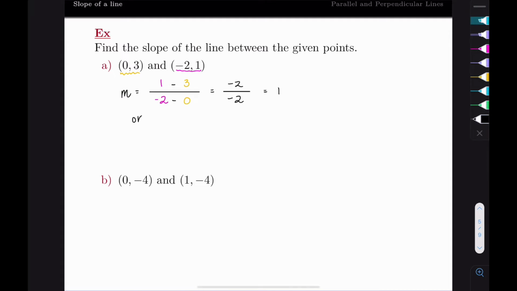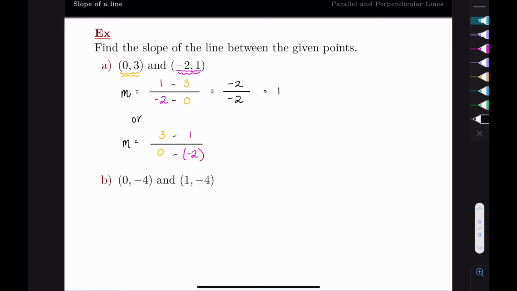Or we can do this the other way. We still make a fraction and we want to look at our change in y values, but let's put the other point first. So we're going to start with (0, 3). Y in the top, x in the bottom, and then our second point is here, y in the top, x in the bottom.